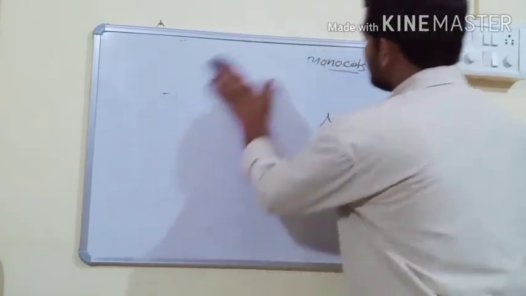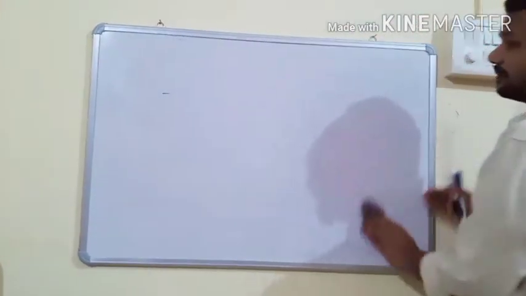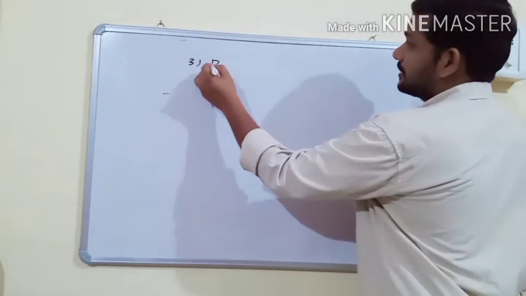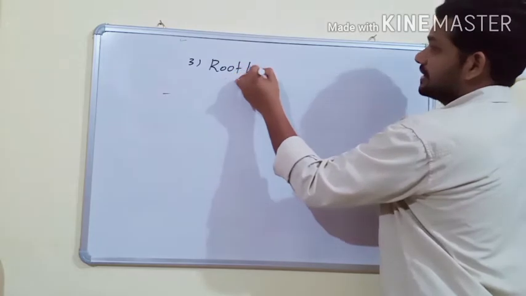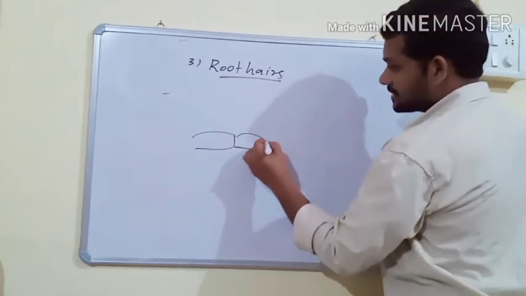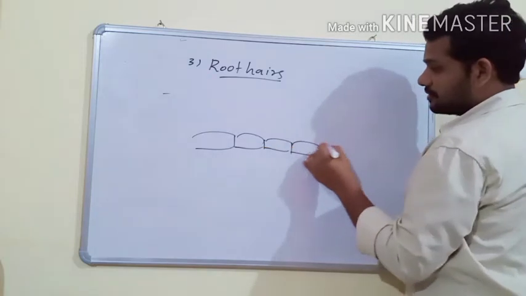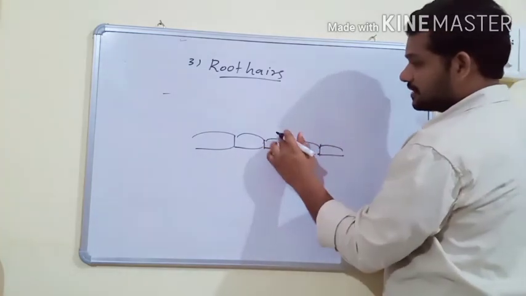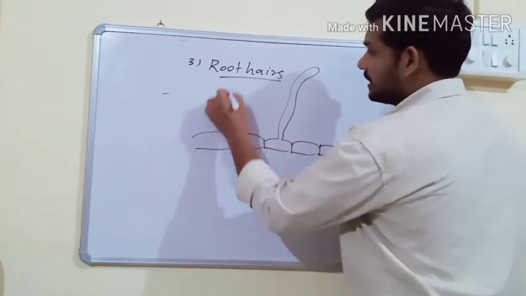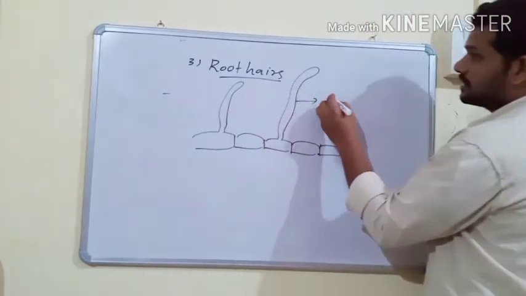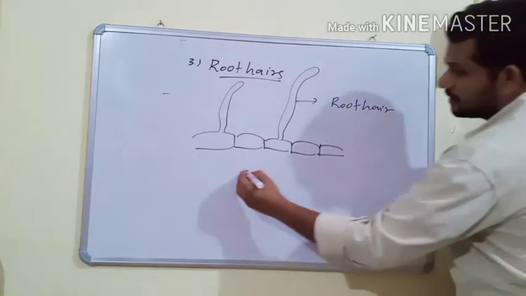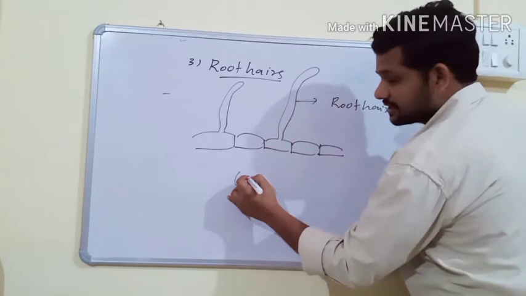Next, epidermal appendages. The epidermal appendages are usually of two types: root hairs and trichomes. Root hairs are unicellular. For example, in the epidermis of the root, some root epidermal cells possess long unicellular outgrowths, and these are known as root hairs.